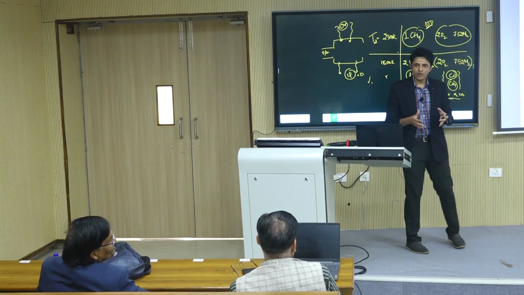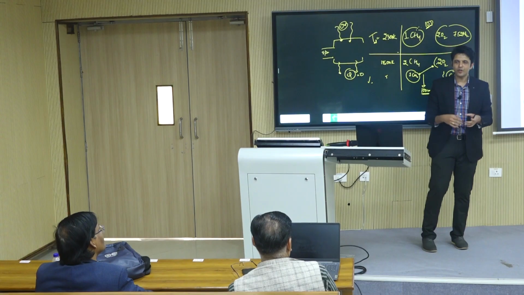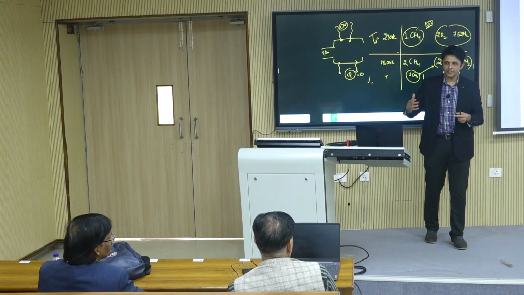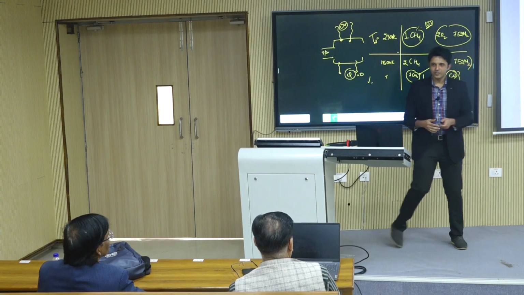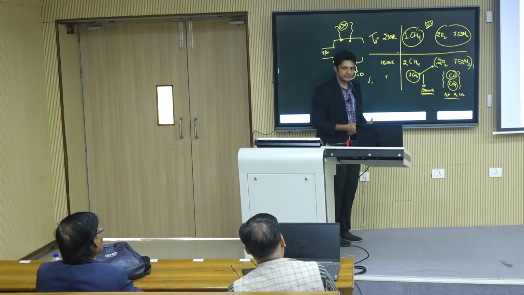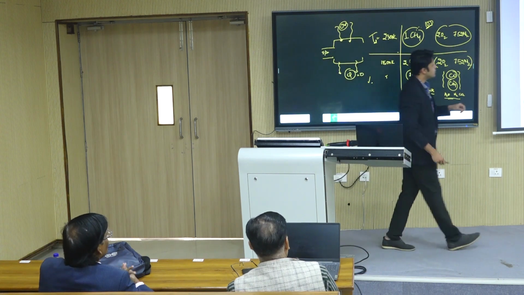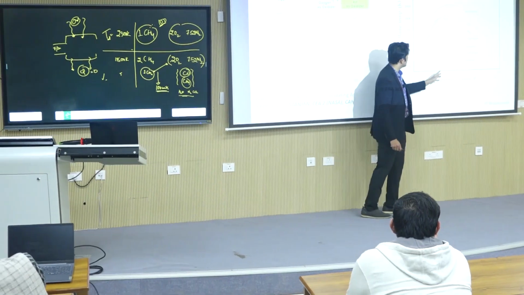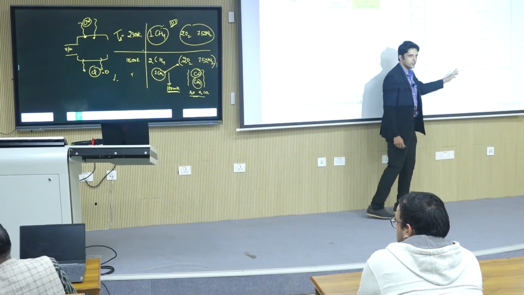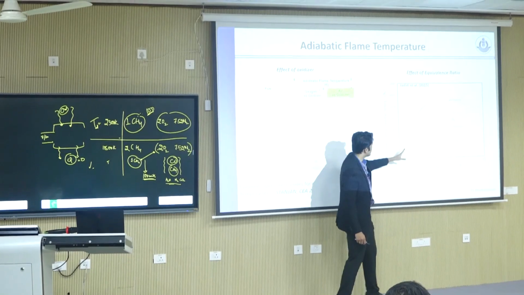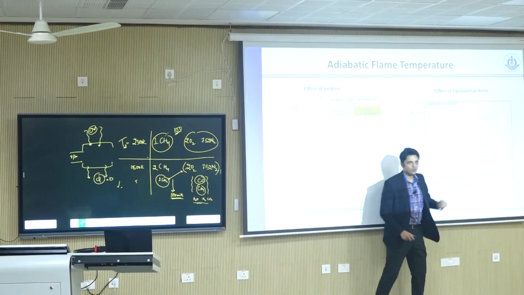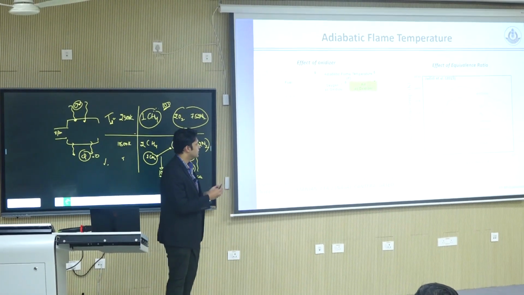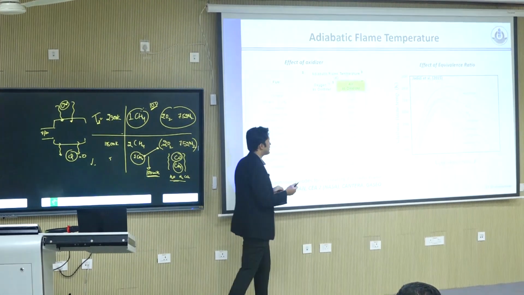So it is like heating water, 1 liter versus 20 liters with the same amount of heat. The 20 liters will reach a lower temperature because you have that added mass. Okay, so now if you look at trends of adiabatic flame temperature versus equivalence ratio, for stoichiometric, lean and rich mixtures, you can see that the flame temperatures typically peak somewhere around phi equals 1, phi equals 1.1, and that is happening because of specific heat variations with temperature also.